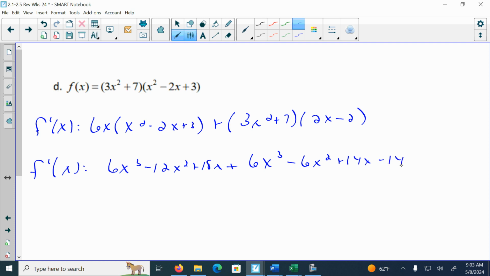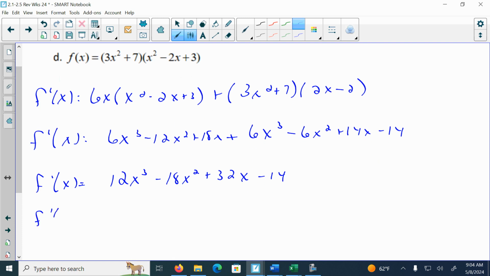Combining all my like terms, I'm going to have 12x to the third minus 18x squared plus 32x minus 14. I think it's fine, but I can factor out 2. And there I have my derivative simplified.